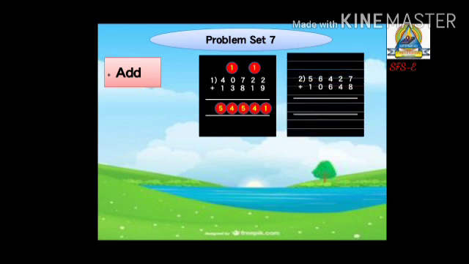Second sum is 56,427 plus 10,648. 7 plus 8, 15. So write down 5, carry over 1. 4 plus 2 plus 1, 7. 4 plus 6, 10.